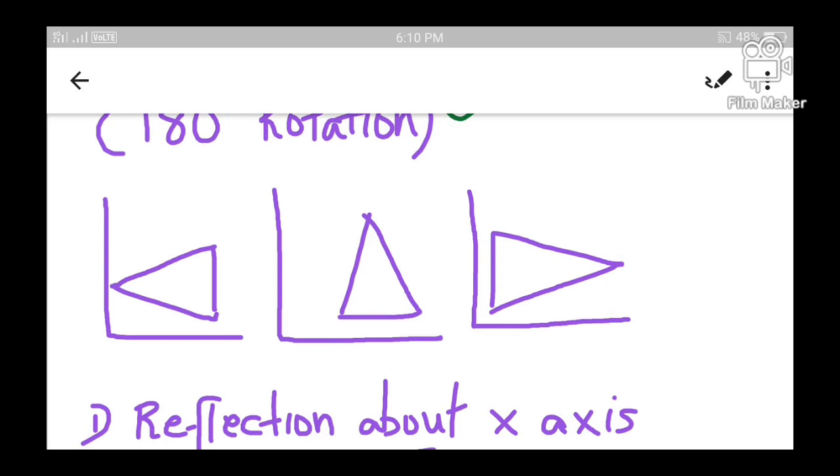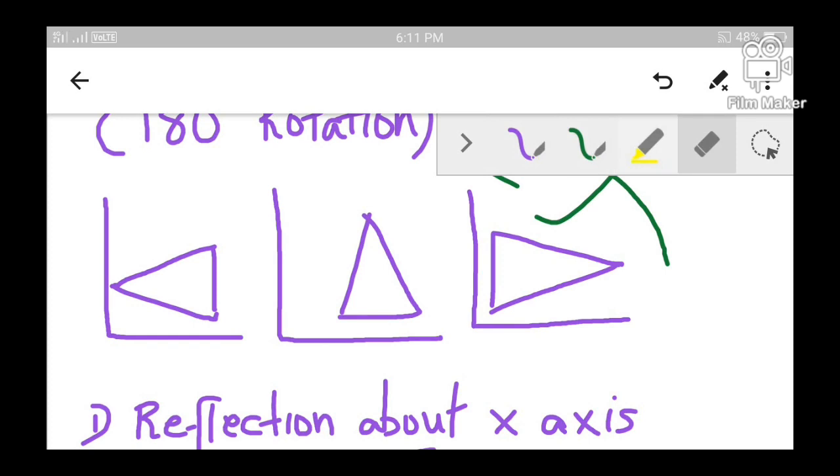Consider you have a triangle, and at present the triangle is pointing towards this direction. This triangle can be rotated by 180 degrees. At first I am going to rotate the triangle by 90 degrees. Let the path of rotation be like this.